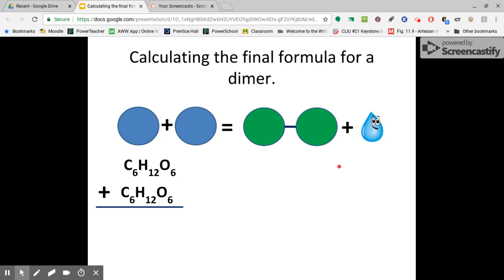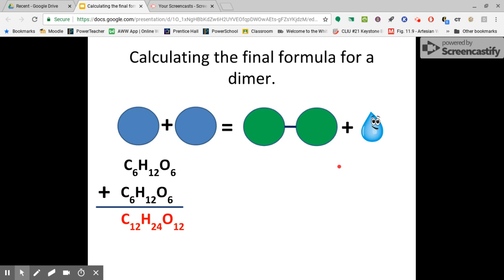So we add them together. We add up all the C's, we add up all the H's, we add up all the O's, and that will give us C12H24O12. And you may be tempted to think that that's the chemical formula for sucrose, but remember, the process by which two monomers combine together is called dehydration synthesis.